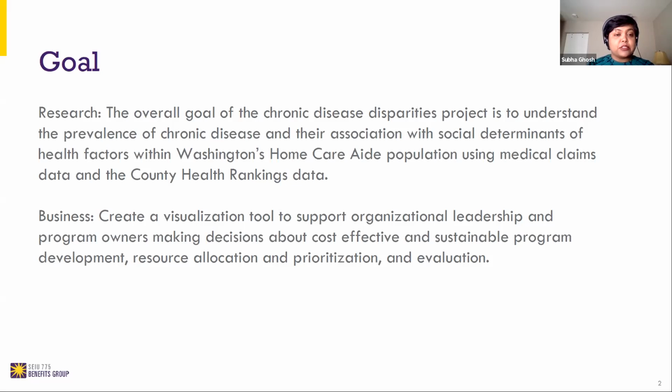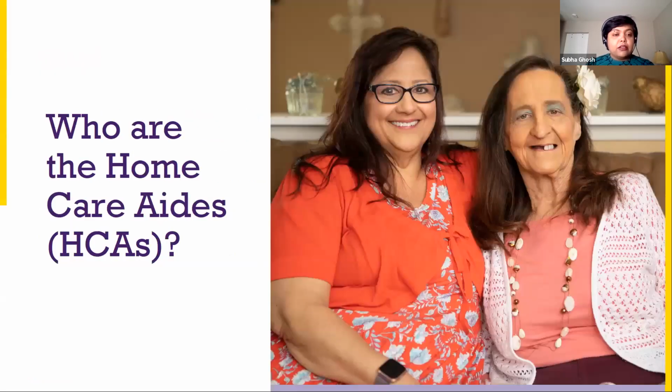So the next one. Who are the home care aides? The home care aides are people who care for older adults and people with disabilities who live independently in the community.